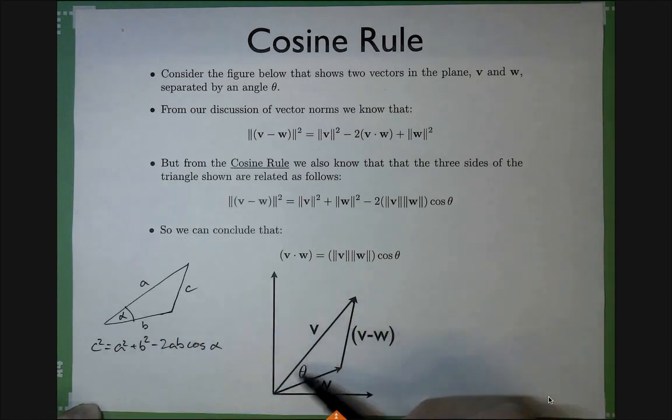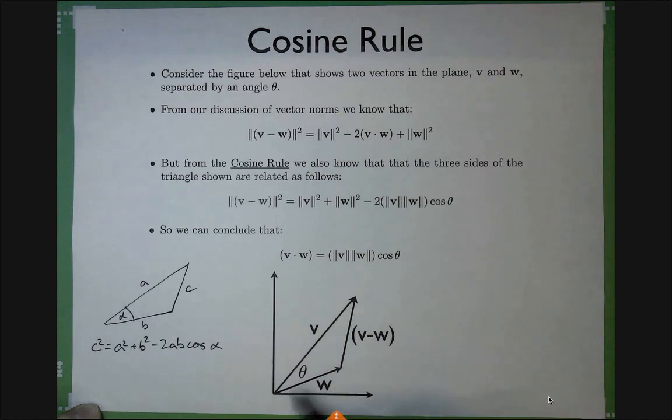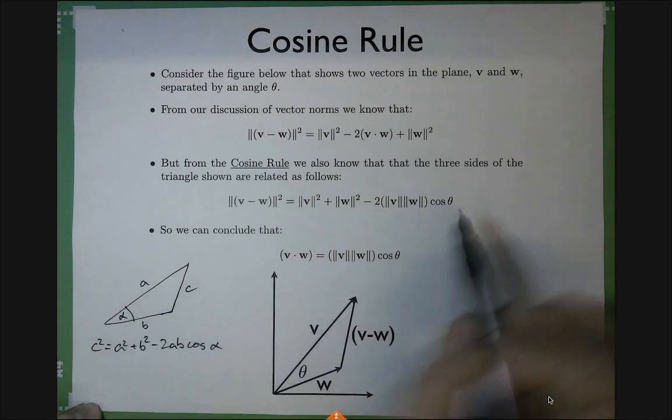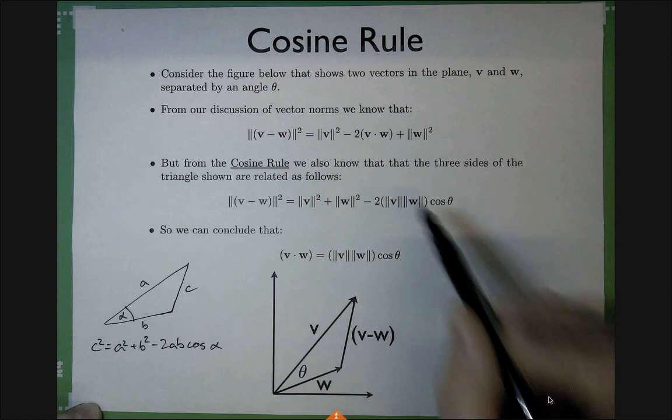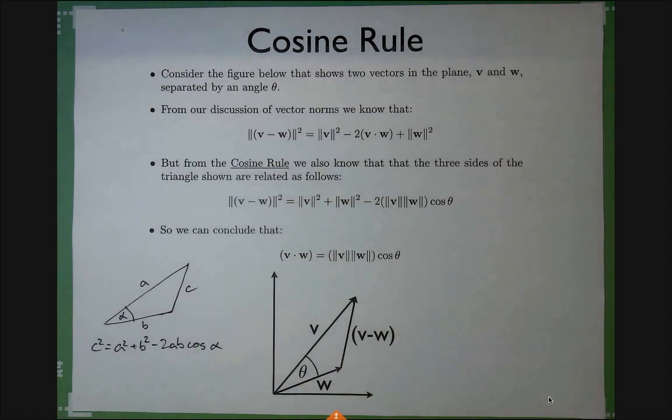This length squared is the norm squared of v, so that would be my a squared. W squared would be my b, and what I have to put there is the length of v times the length of w, times the cosine of the angle theta, this angle right here. So that's basically applying the cosine rule, which I wrote for a general triangle, to this particular triangle, where I wrote the sides of the triangle as vectors.